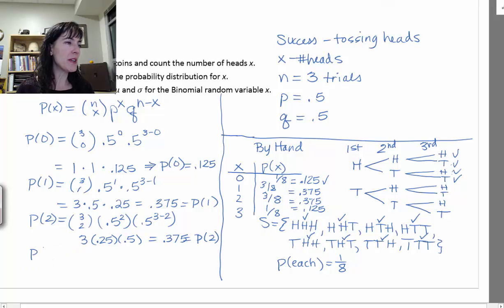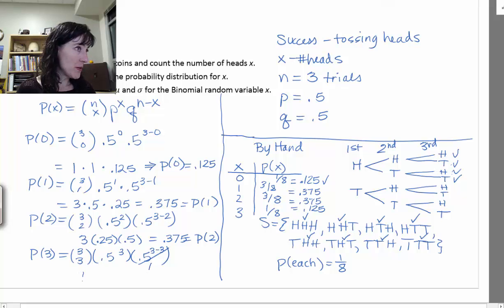And that's the probability of seeing exactly 3 heads in 3 tosses of a coin. So 3 choose 3, 0.5 to the third, and then 0.5 to the 3 minus 3, which is going to give me 0, so this whole thing is going to change to 1. And then I have 3 choose 3, which is 1.